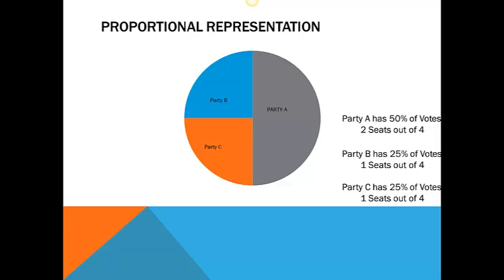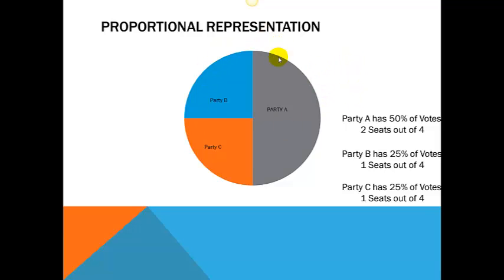So let's take a look at our imaginary example here. Imagine you want to elect 4 candidates and you have 3 political parties with 100 votes cast. You have a list of candidates and each is affiliated with a political party. If Party A gets 50 votes, and Party B gets 25 votes, and Party C gets 25 votes, this is what the system looks like in a proportional representation form of government.